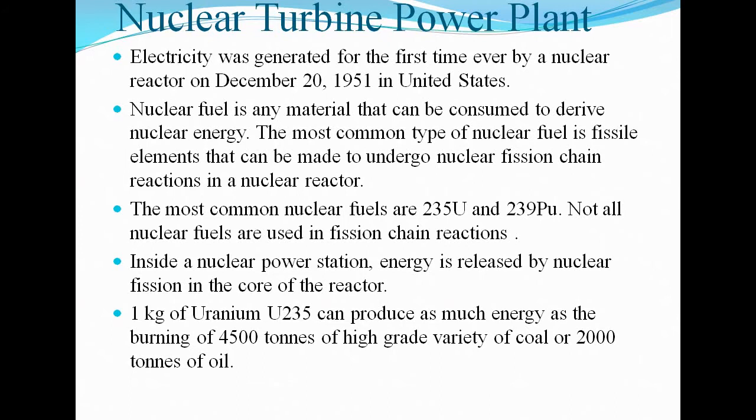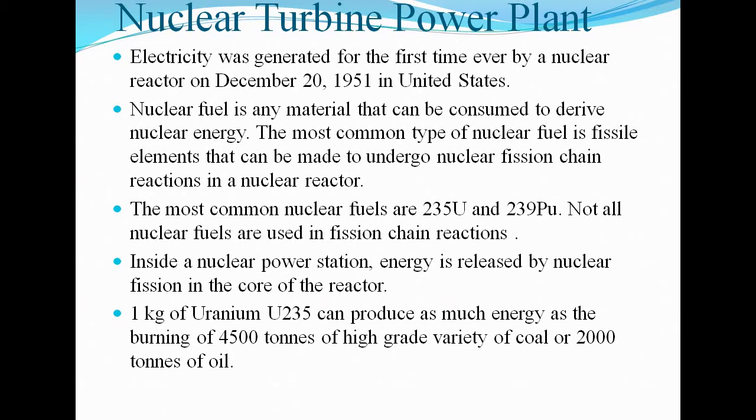So let us start with introduction. Electricity was generated for the first time ever by a nuclear reactor on December 20, 1951 in United States. Nuclear fuel is any material that can be consumed to derive nuclear energy.